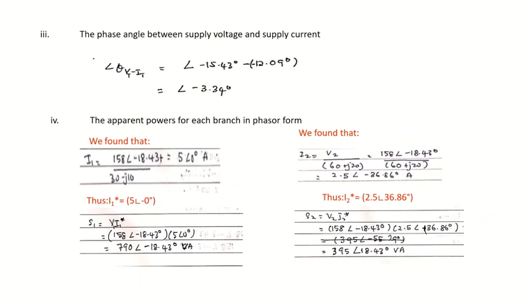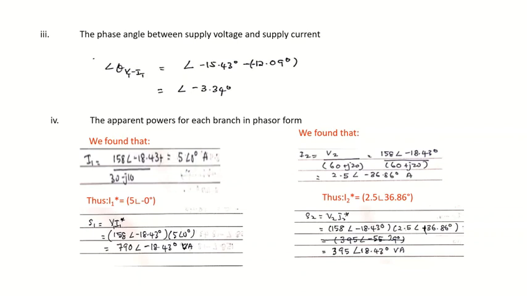So your V2 is 158 with minus 18.43 degree angle times your I2 conjugate, which is 2.5 with plus 36.86 degree, because we know that your I2 originally is 2.5 with minus 36.86 degree.